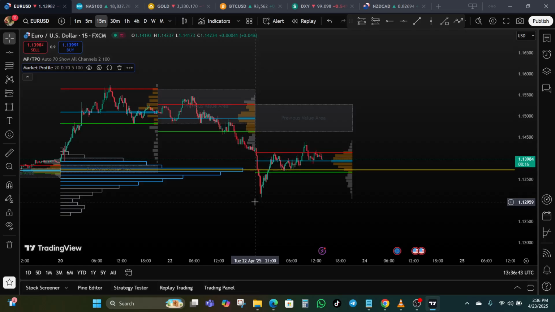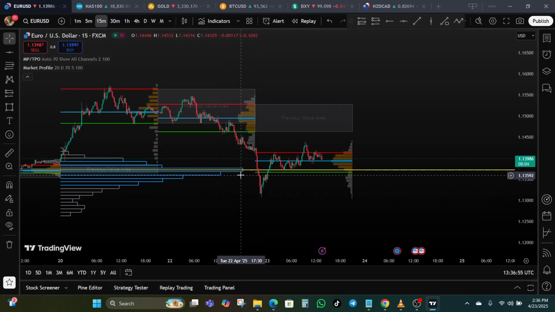Now, some key tips for you: avoid trading in low volume areas unless you are playing a breakout. It's important to take note of that. You can also use your point of control, that is your POC, as a magnet in ranging markets. In ranging markets, price will often revisit your POC.